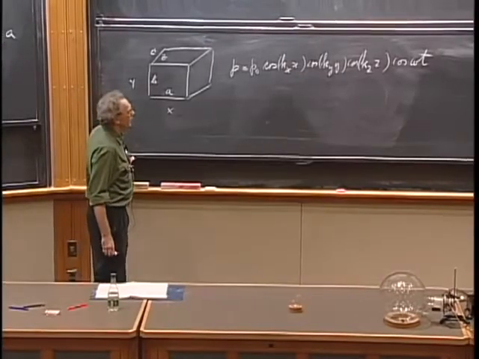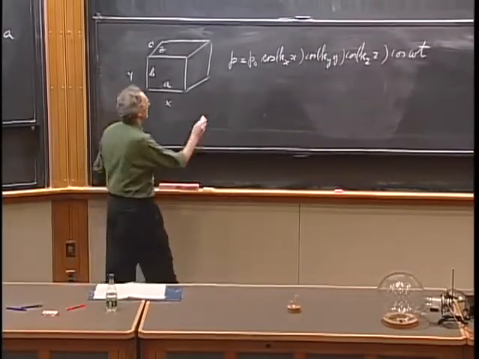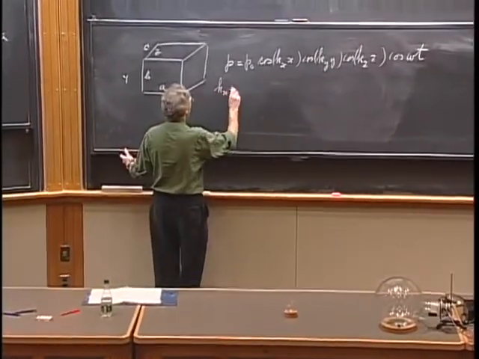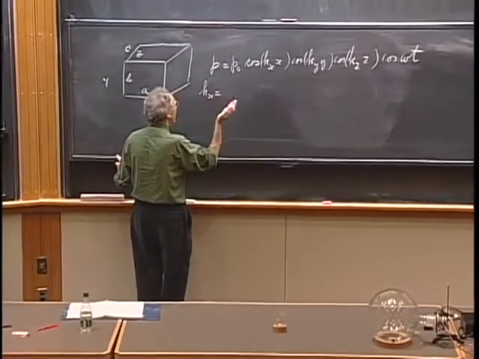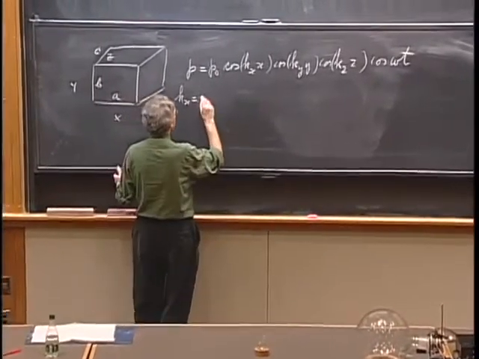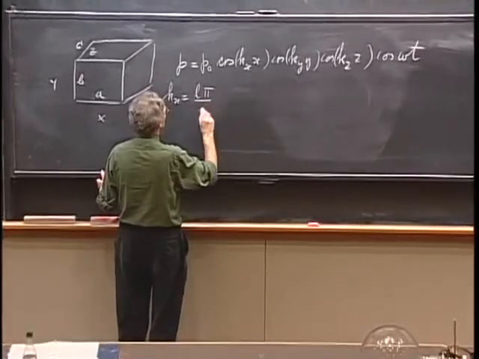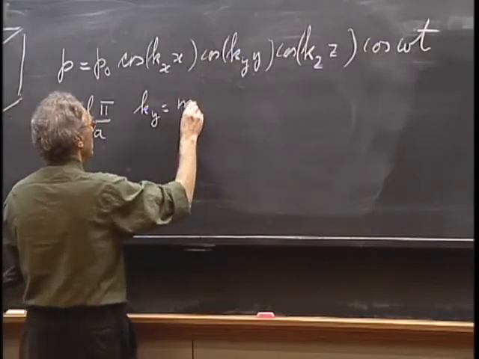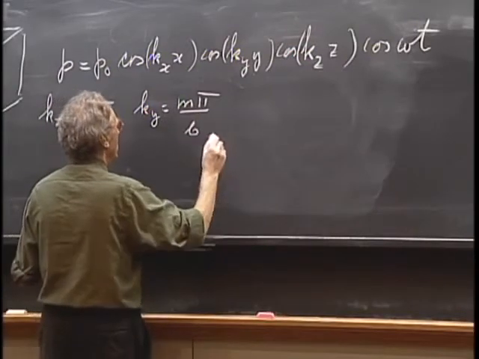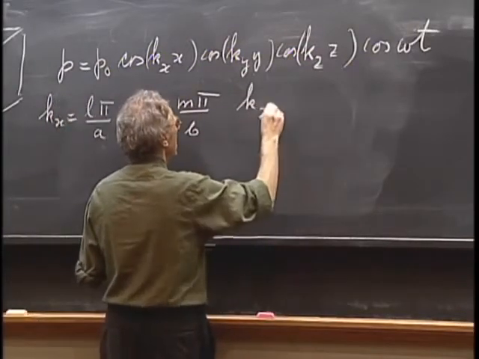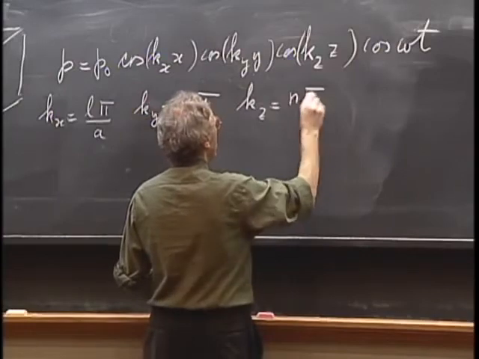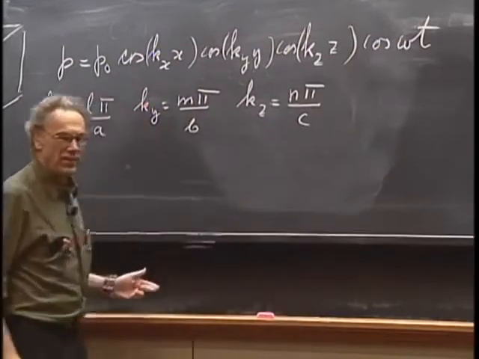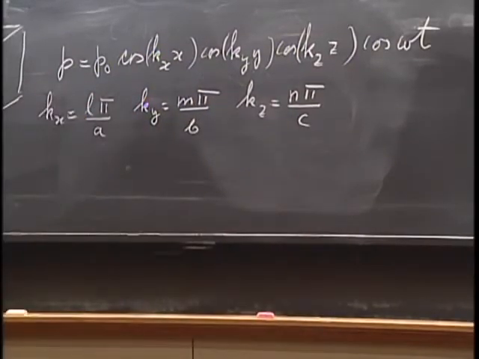And so the boundary condition now demands that kx can now only have unique values, discrete values, which is l pi divided by a. ky can only be m pi divided by b, and kz can only be n pi divided by c. If not, then the boundary conditions are not met, and then I don't have antinodes at all the surfaces.